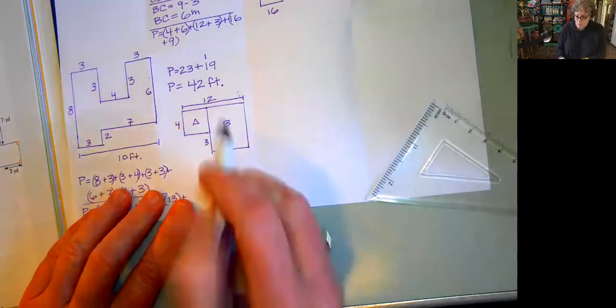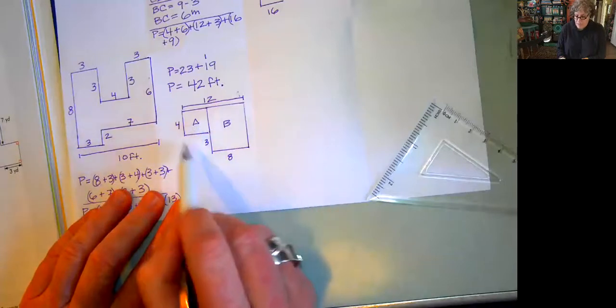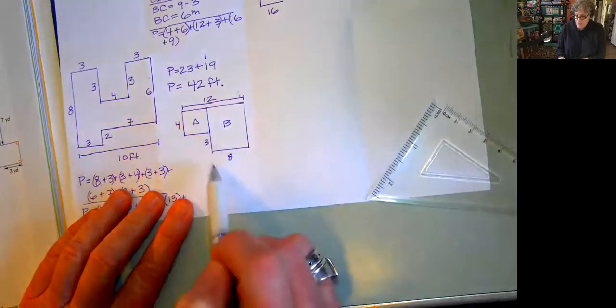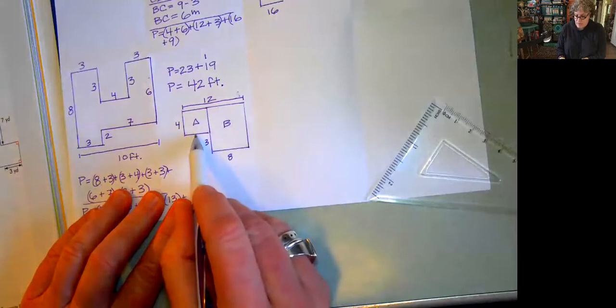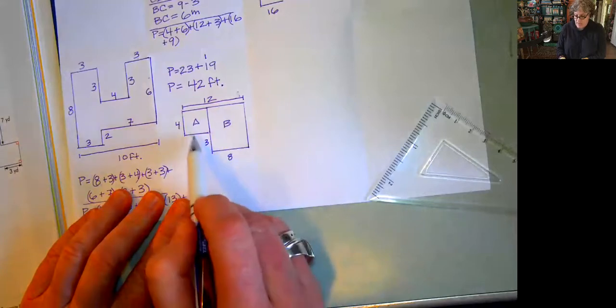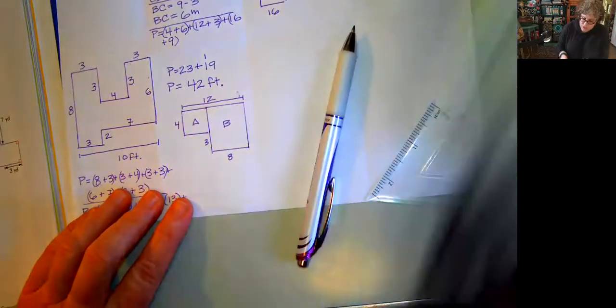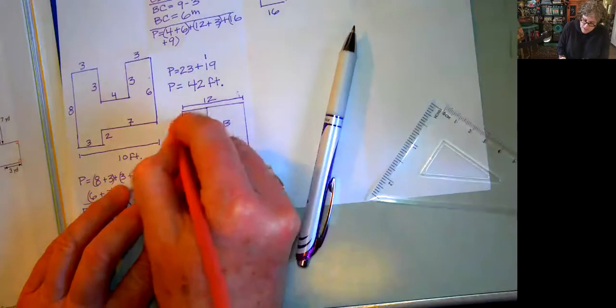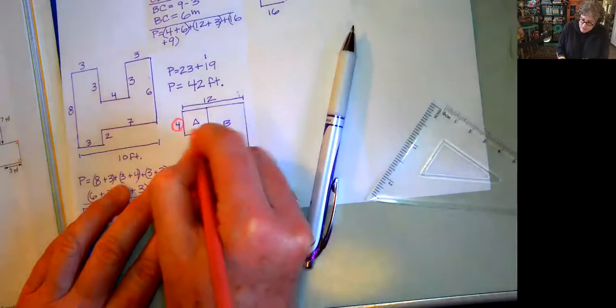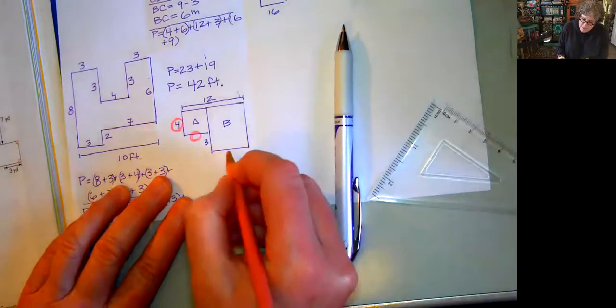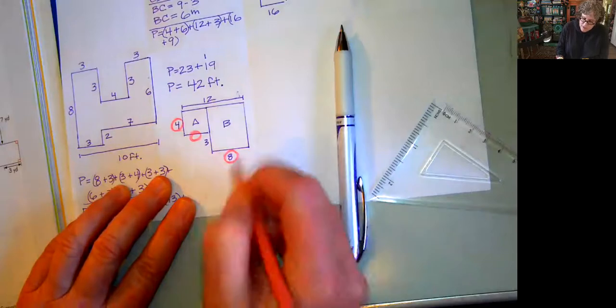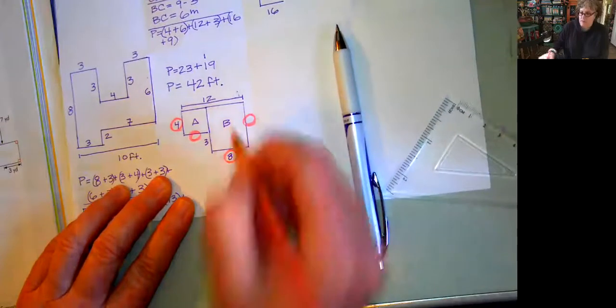And so in order to find out A, we need to know the length right here, right? We need to know this side and this side so we can multiply them. So, if you aren't sure, you can use this and we can put it right here. And then with B, we know this one and we're going to have to know this, right?